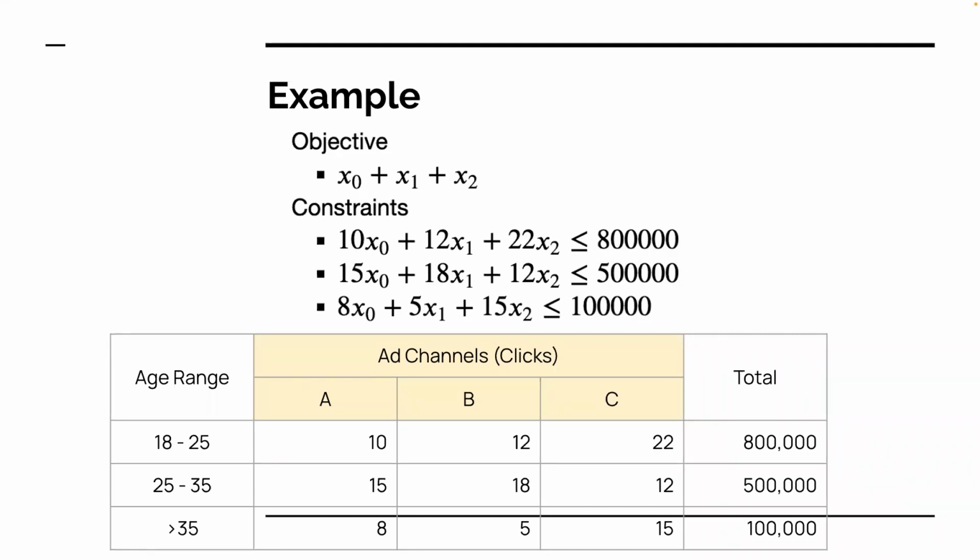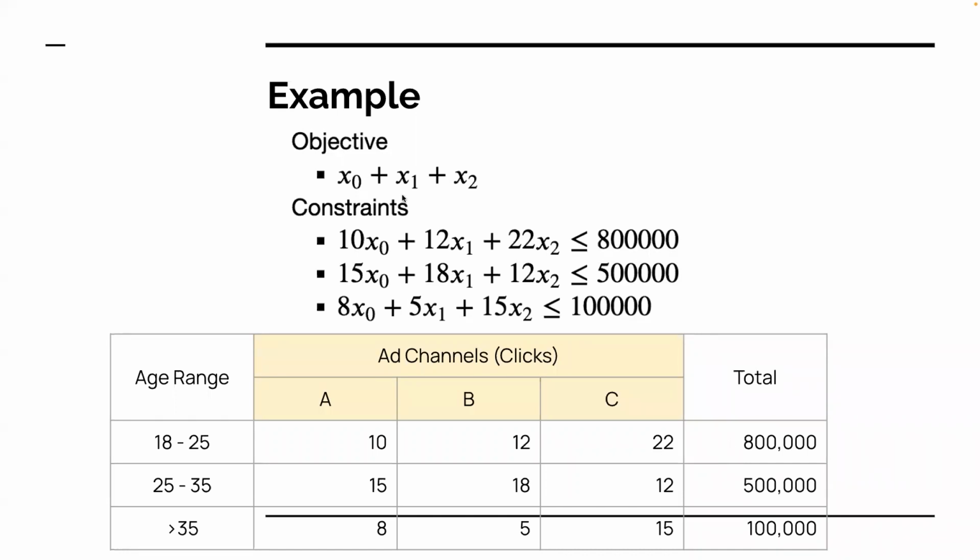The constraint is that for every time I pick a channel X0, I need to account for it. If I consume X0 units, then 10 into X0 plus 12 into X1 and 22 into X2, that sum should be equal to or less than 800K, if I don't want to use the complete age range. Similarly, I have constraints for 25 to 35 and greater than 35.